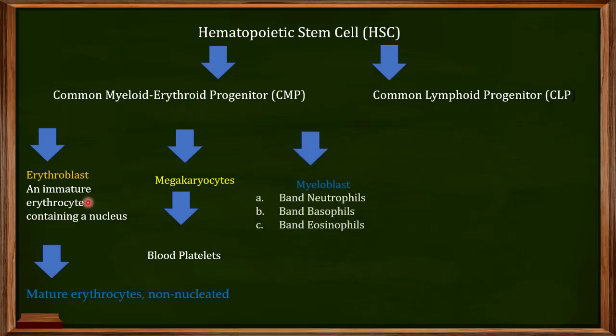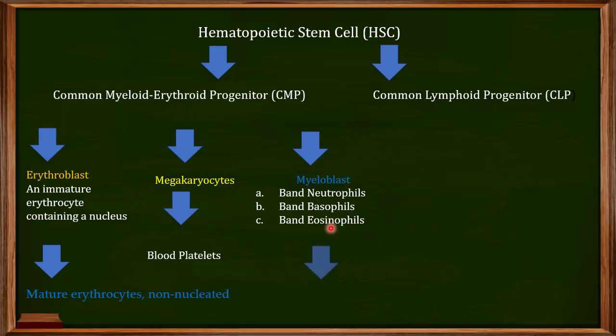Then I've told you that the third type of cell that is produced from the CMP, they are the myeloblasts, which gave rise to the band neutrophils, the band eosinophils, and the band basophils, which then get converted into the mature neutrophils, basophils, and eosinophils.